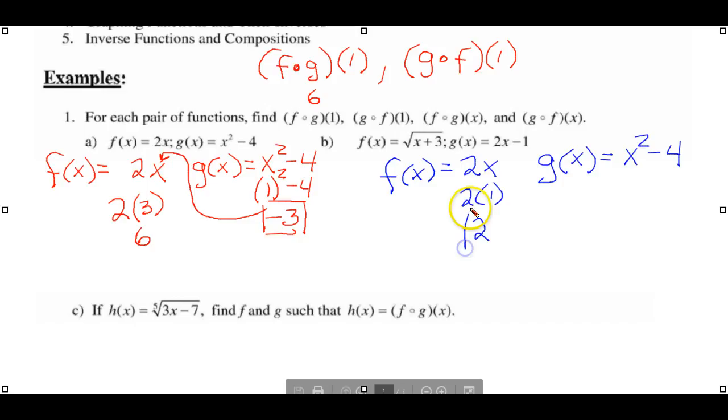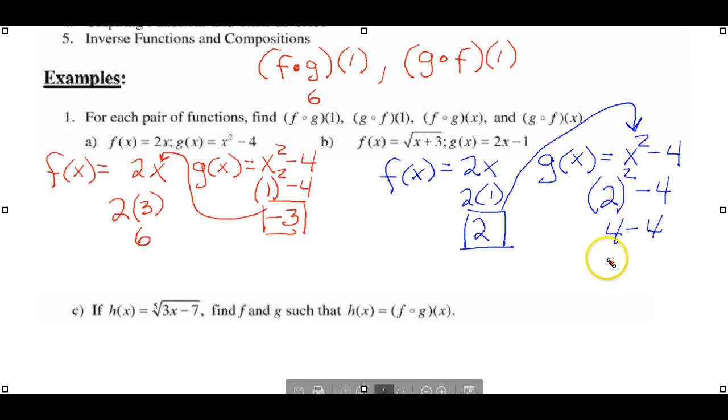Now that we have this, we're going to take that 2 and put it in the X of the other function. So we get 2 squared minus 4. This will be 4 minus 4 is 0.